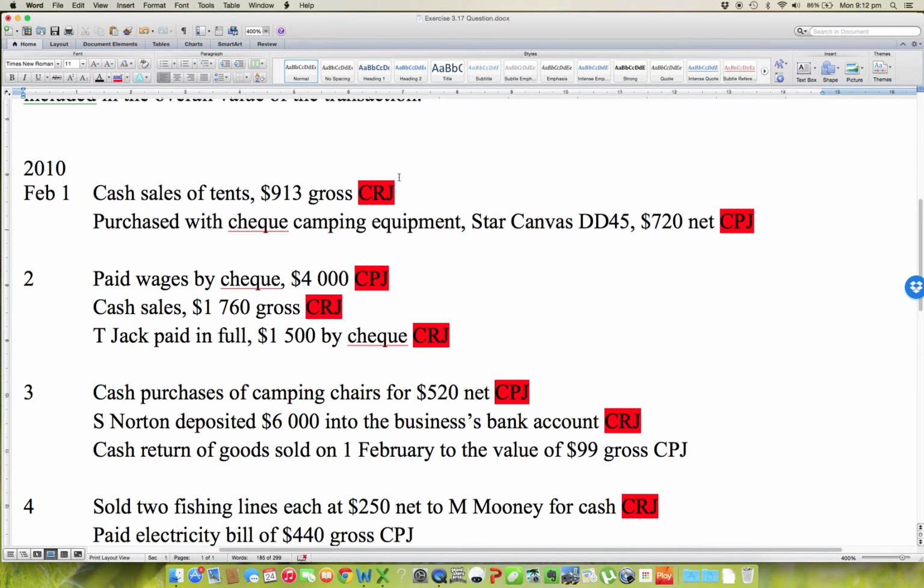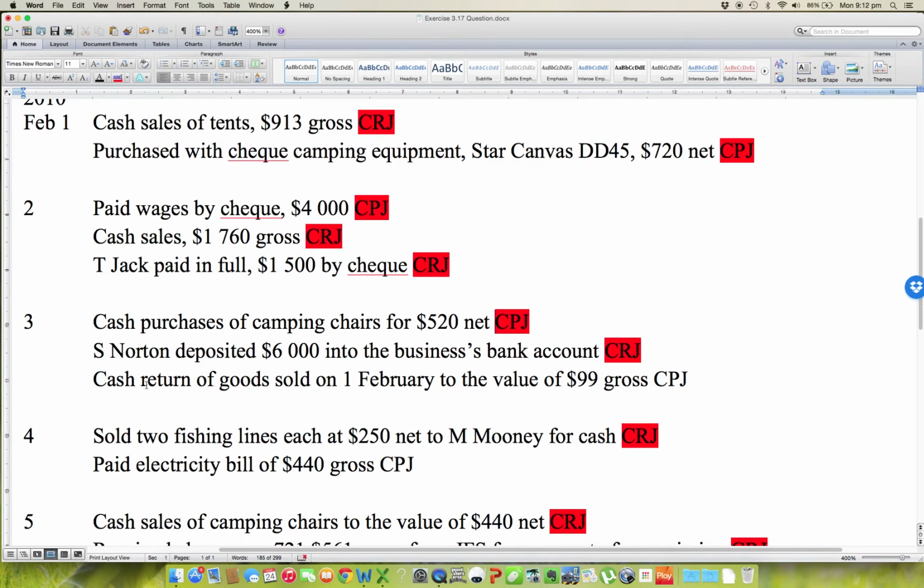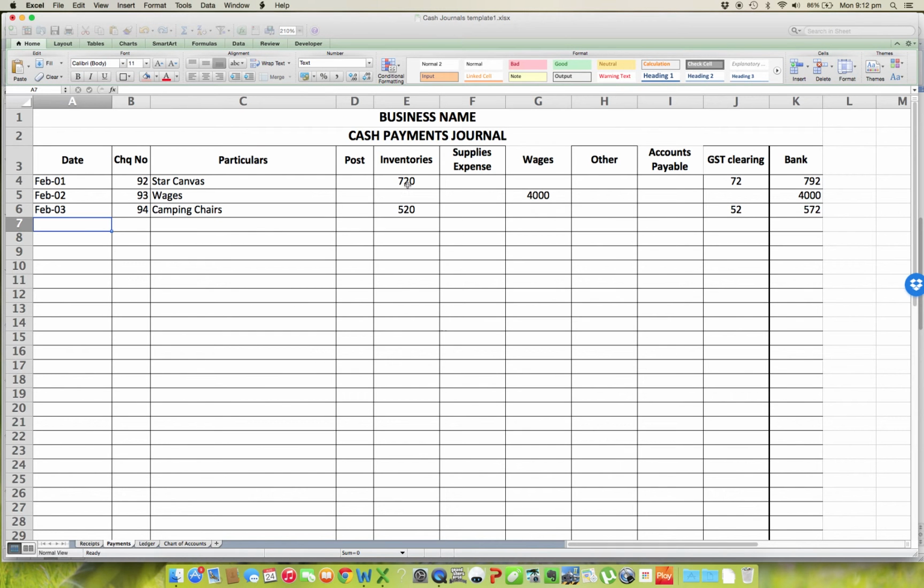Okay, so we'll make sure to highlight that one. Next thing that happened was a cash return of goods sold on the 1st of February to the value of $99 gross. This one goes into the cash payments journal only because when we're putting this into our journal we want the bank figure to be going down, because money's coming out of our bank to give back to our customers because it's a purchase return.